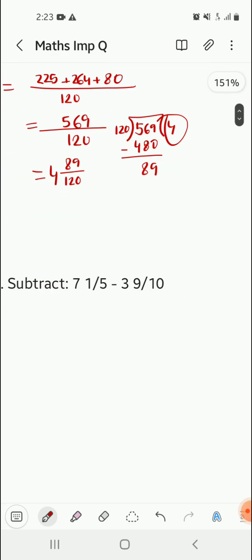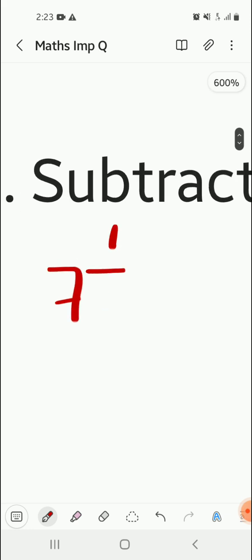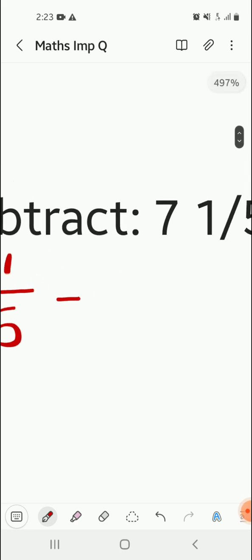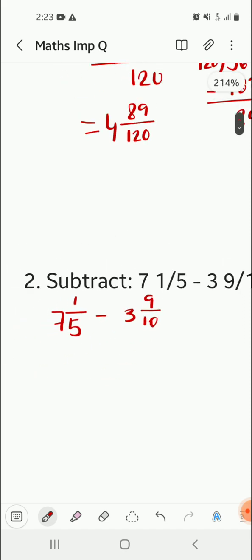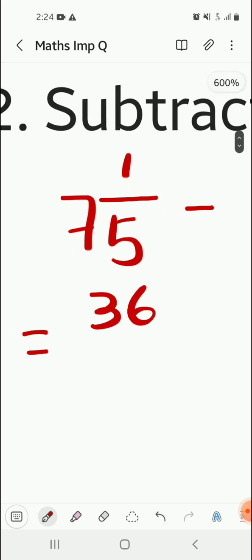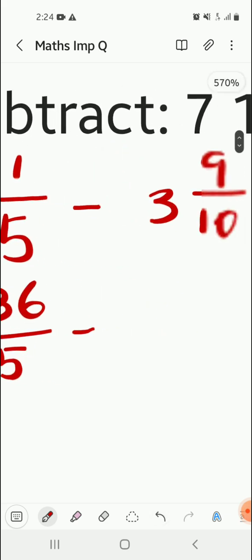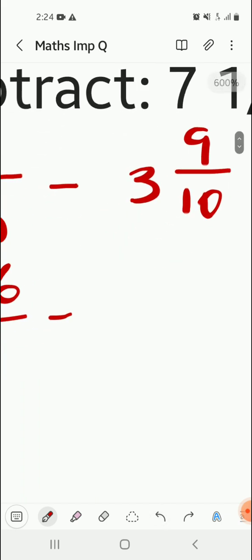Moving on to the next sum, see, subtraction. So it's 7 1 by 5 subtracted by 3 9 by 10. Again, it's given in mixed fractions, so we need to convert it into improper fractions. So let's do it first. It's 7 into 5, 35, plus 1, 36. So it becomes 36 by 5 minus 3 into 10 is 30, plus 9, 39 by 10.